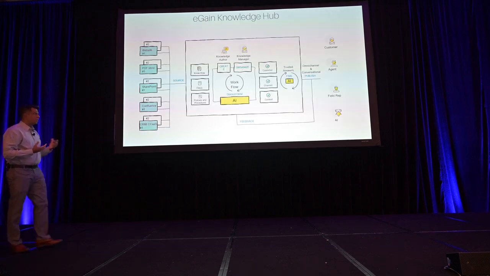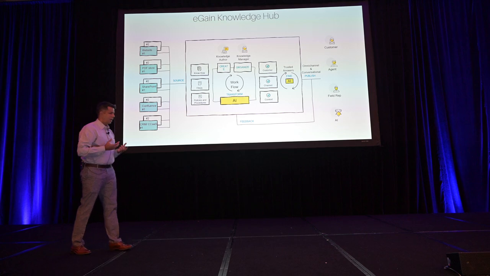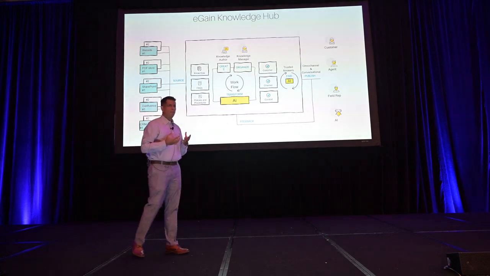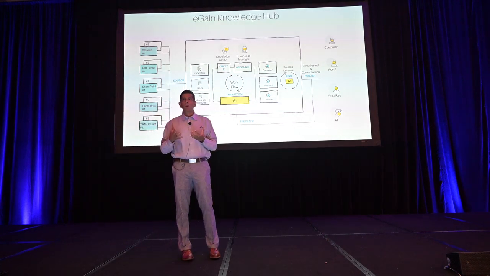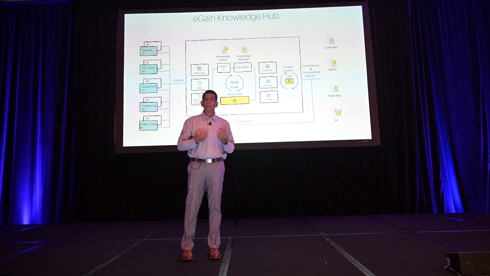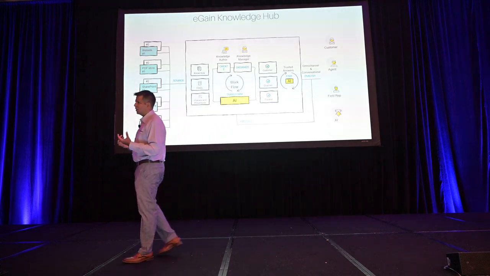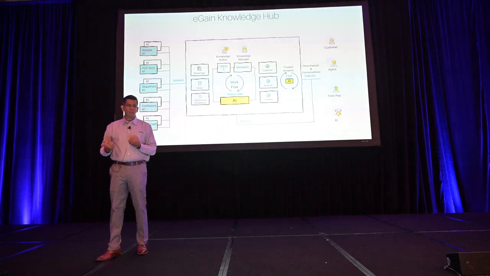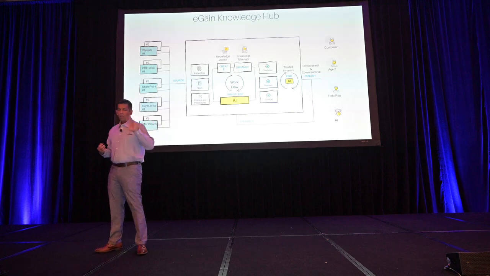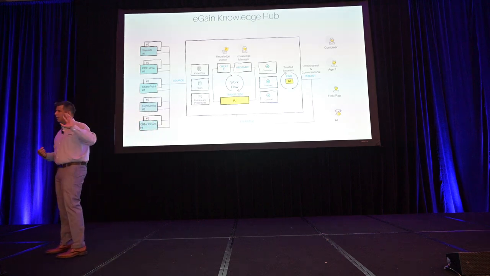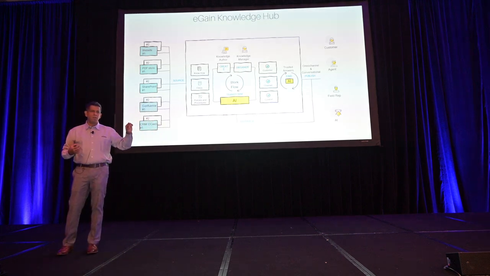This is a picture that Ashu shared yesterday, and I wanted to start with this picture to give us a sense of where we feel generative AI can really help in customer service as well as knowledge-backed customer service. So sources on the left are the different sources of content that are available in the organization.